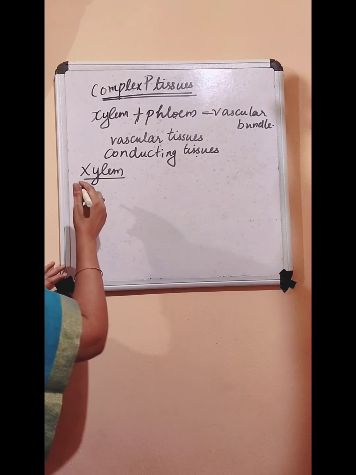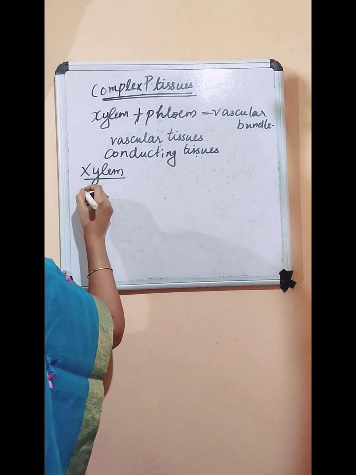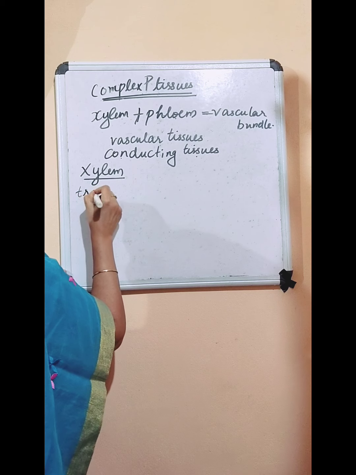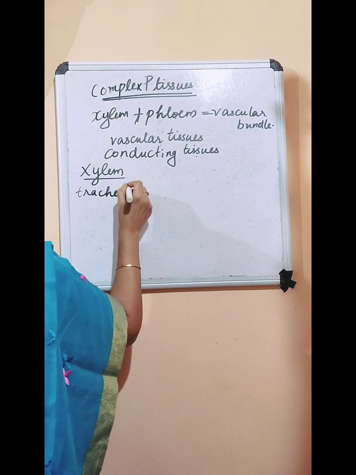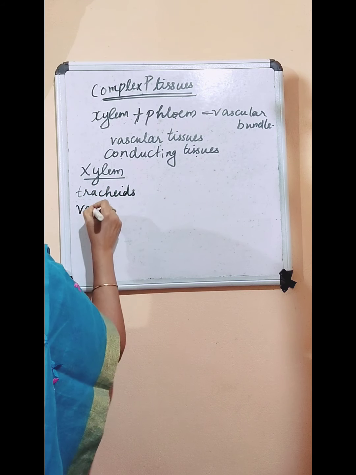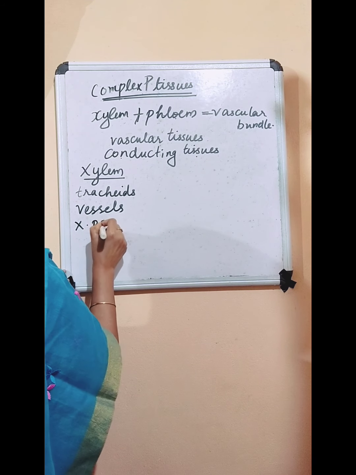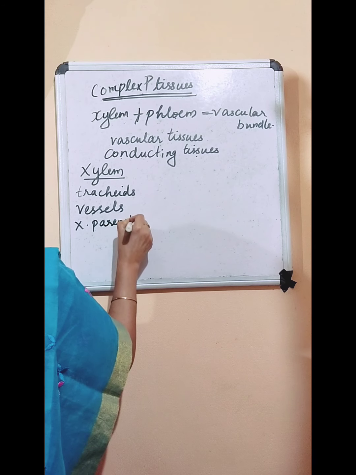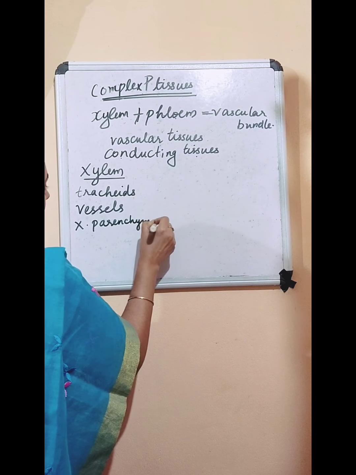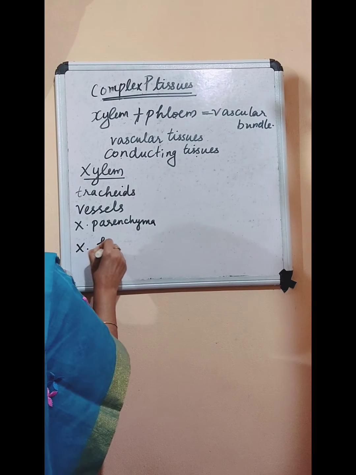So xylem is made up of four types of cells: tracheids, vessels, xylem parenchyma and xylem fibers.